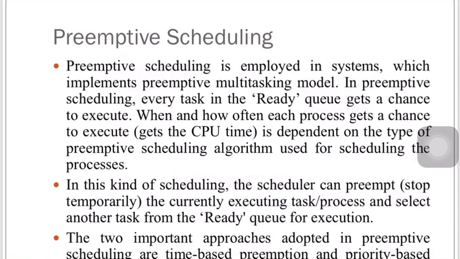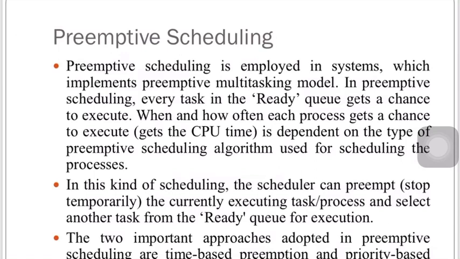As we discussed previously, many threads are running. If many threads or processes are in the ready queue, we need to decide which process will go first, because we need to allocate the CPU time to that particular process or thread. This depends on the preemptive scheduling algorithm used to schedule the process.